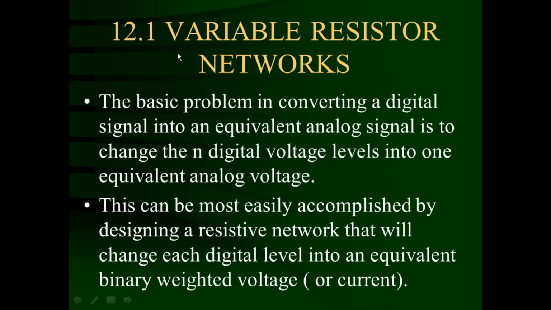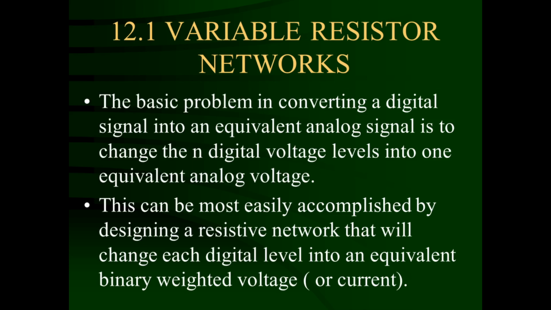The basic problem in converting a digital signal into an equivalent analog signal is to change n digital voltage levels into one equivalent analog voltage. I think you must have understood these things. If you have a digital signal 1010 or something, 1 corresponds to a digital voltage, maybe plus 5 volt, and 0 corresponds to 0 volt.